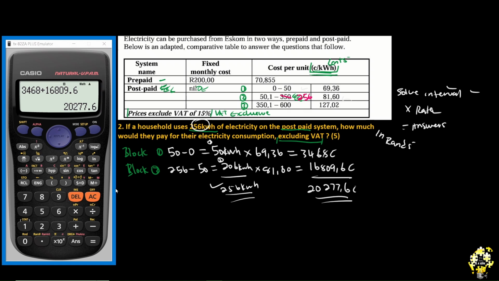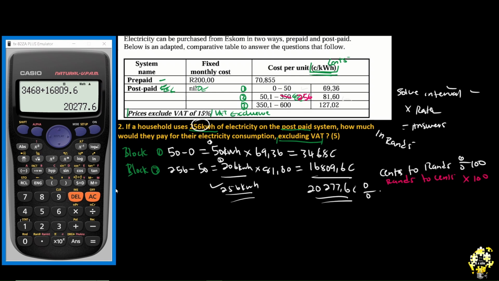How do we convert cents to rands? We divide by 100. Cents to rands, divide by 100. Rands to cents, you multiply by 100. Yes.